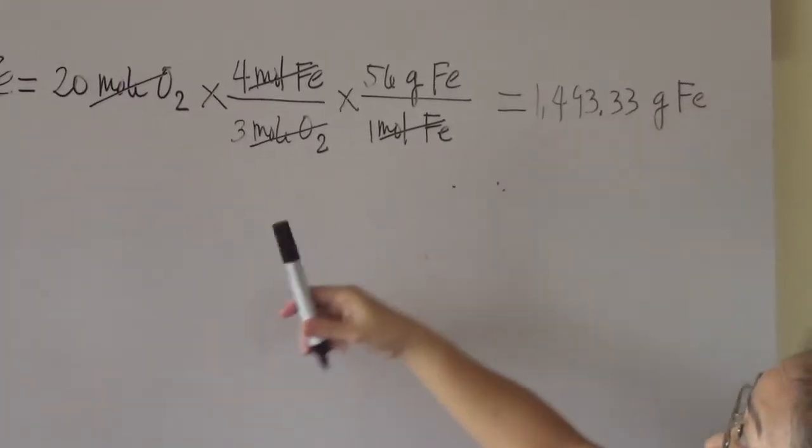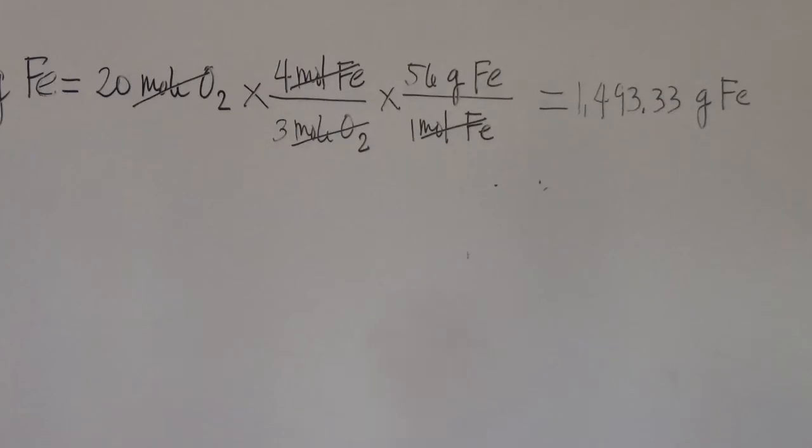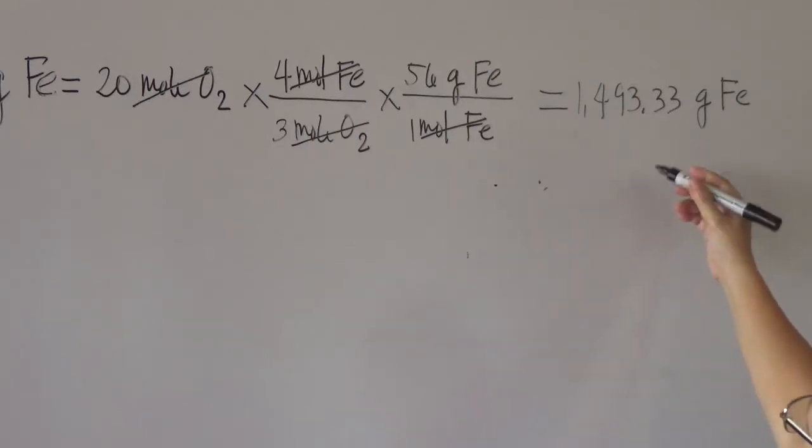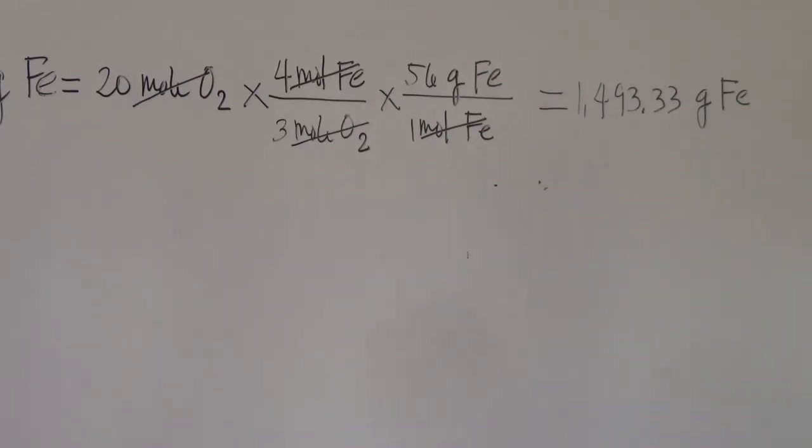So if you have 20 moles of oxygen gas, you need 1,493 grams of iron in order to completely react and produce 2 moles of ferric oxide, or the rust.